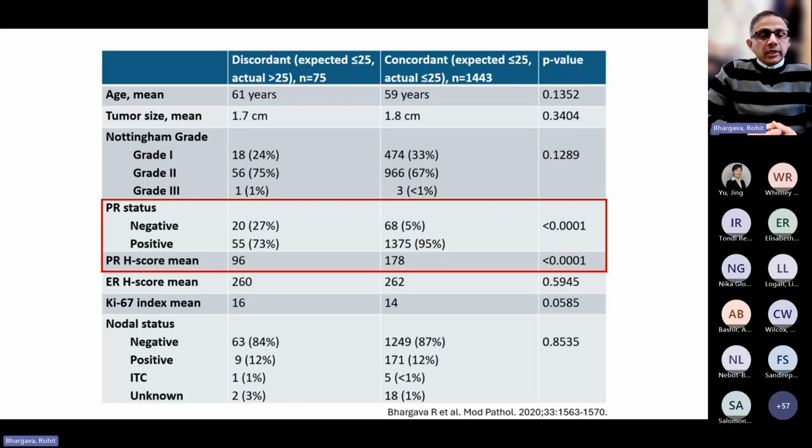Looking at the clinical pathologic features of these 75 cases, we found that the only variable that was different between concordant and discordant cases was the PR status and the PR H score, which was significantly different between the two groups. And we know that PR does influence both the Magee equations as well as the Oncotype DX recurrence score. Lower the PR score, higher the Magee equations, and higher the Oncotype score.